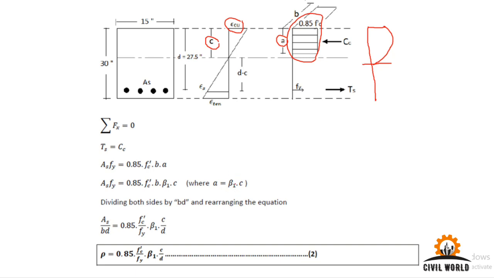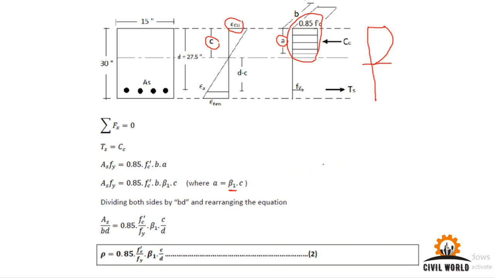the value of beta 1 ranges from 0.65 to 0.85. For concrete compressive strength of less than or equal to 4000 psi, which is the most common case in which we'll be working, the value of beta 1 will be equal to 0.85. But if the concrete compressive strength increases, for every 1000 psi increase, your beta 1 reduces by 0.05.